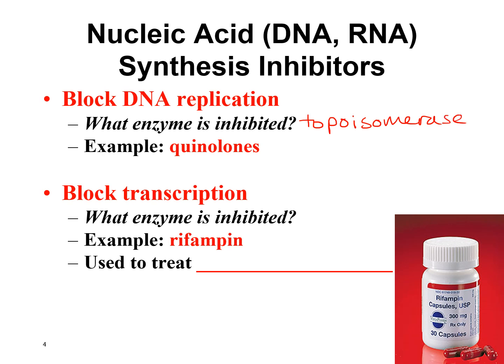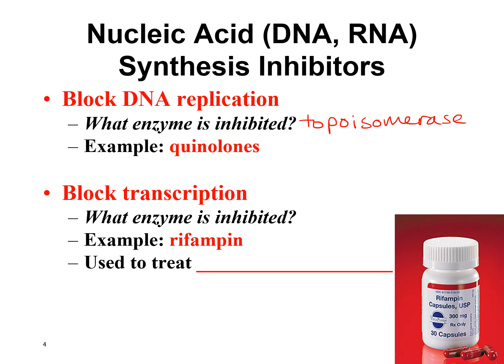If you remember, during DNA replication, topoisomerase is the enzyme that runs in front of helicase, and it undoes all the knotting and the twisting in the DNA. So if you block topoisomerase from working, then the bacterial cell can't replicate its chromosome, and then it can't divide, and that's a problem.